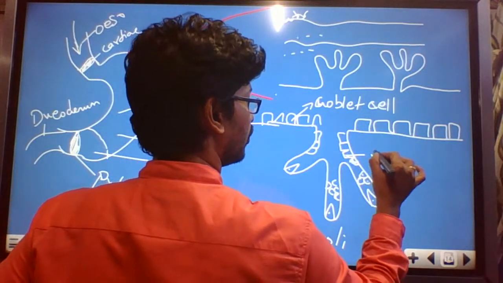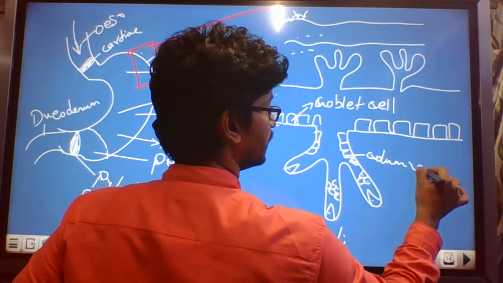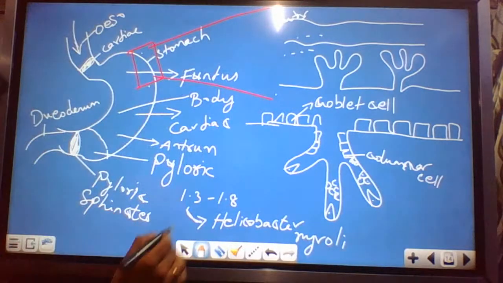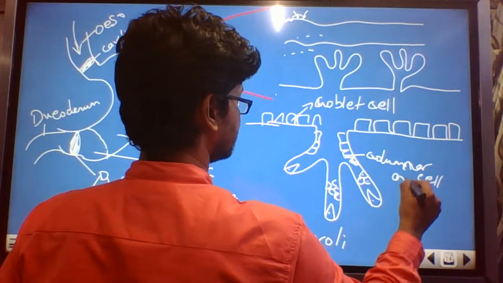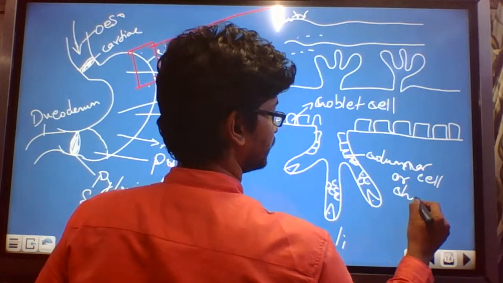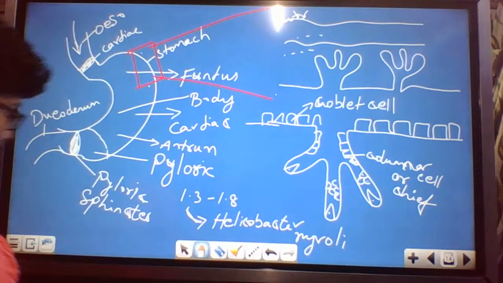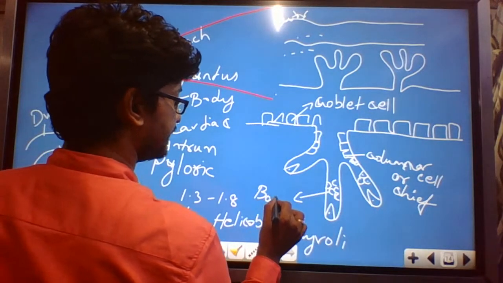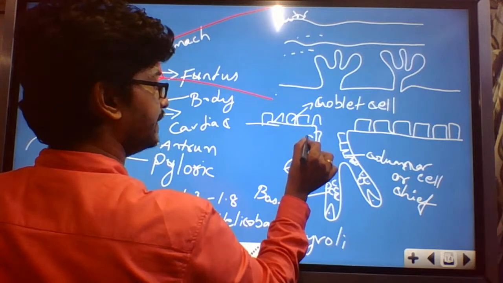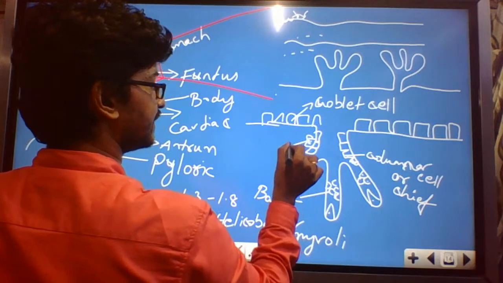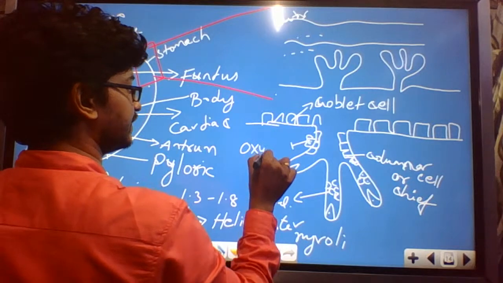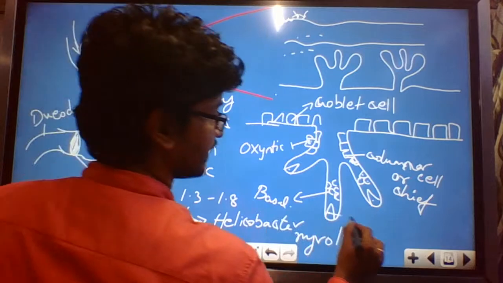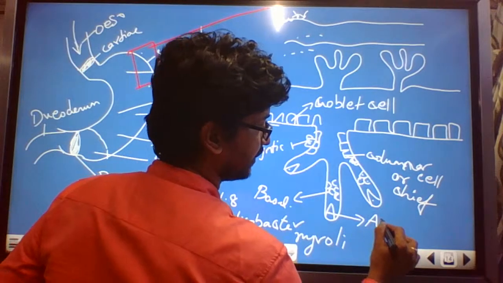These columnar cells can otherwise be called chief cells, and this one is the basal cell. Inside you could see a type of cell called the oxyntic cell. And these triangular cells we call argentaffin cells.